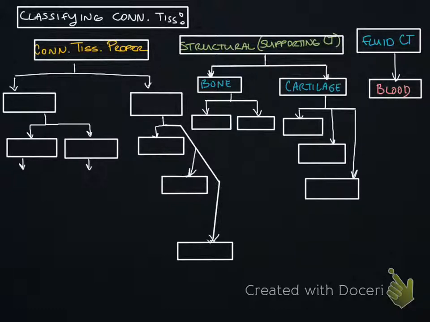So bone, we would have spongy bone or compact bone. As far as cartilage goes, you went over this in lab, and the types of cartilage are hyaline. Hyaline, remember, is found in epiphyseal plates, the ends of your long bones. We also have fibrocartilage.